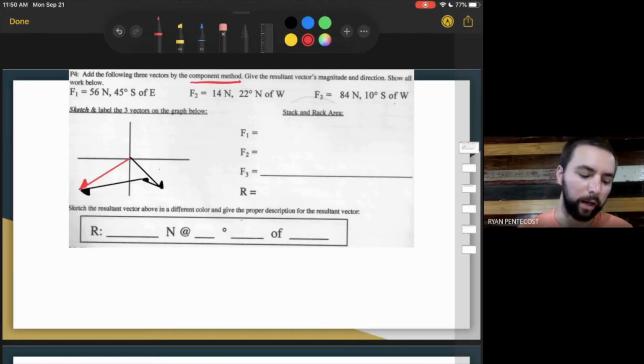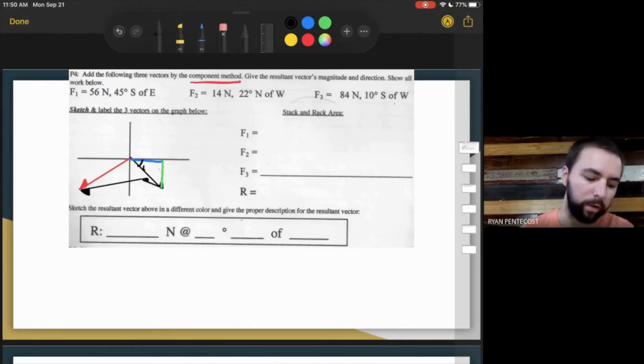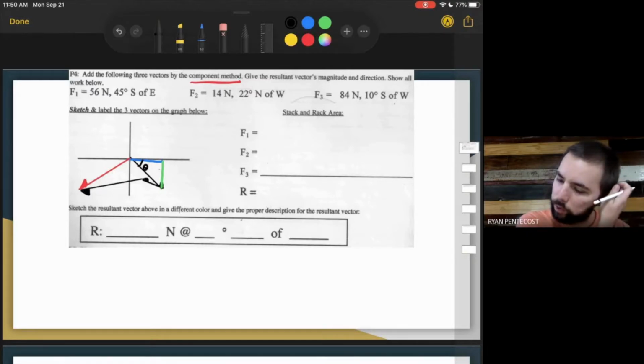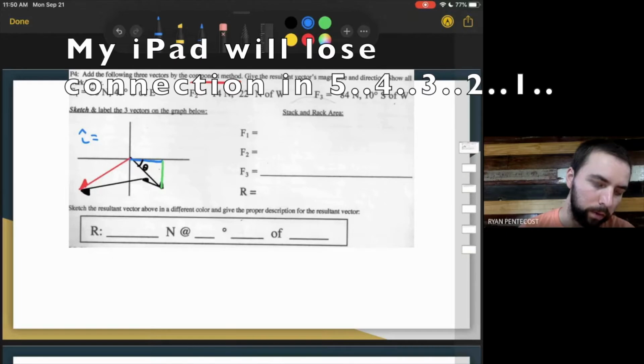So to get the i component and the j component of this angle, theta, we know the hypotenuse. This is how you get the i and j component of a vector. To get the i component, you would use cosine. SOHCAHTOA, cosine is adjacent over hypotenuse, right?